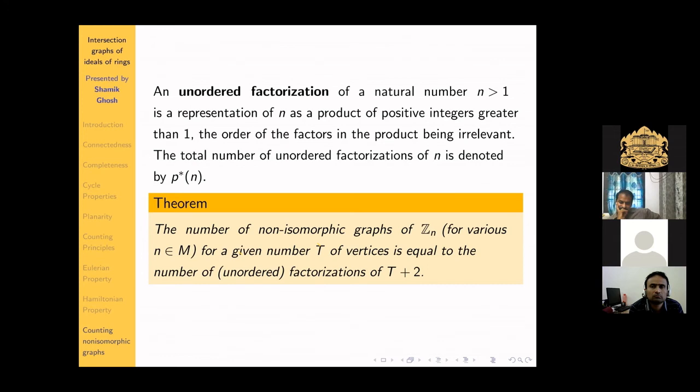So if we want to calculate this number, it is the number of non-isomorphic graphs of Zn, as the number of unordered factorizations of t plus 2, where t is the number of vertices you are searching for. So the whole thing is that you have to find the number of unordered factorizations of t plus 2.